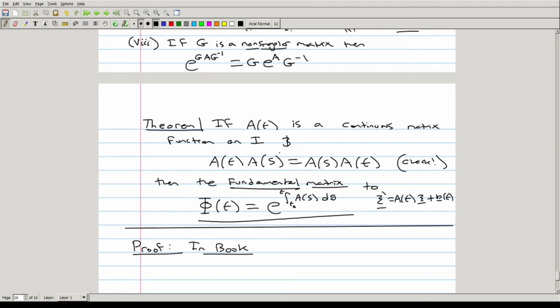But the idea here is that we have a very nice general variation of constants formula that depends on this fundamental matrix, and finding this fundamental matrix is key to solving both the homogeneous problem and the general inhomogeneous problem. There are a number of different examples that are gone through in detail in the book.